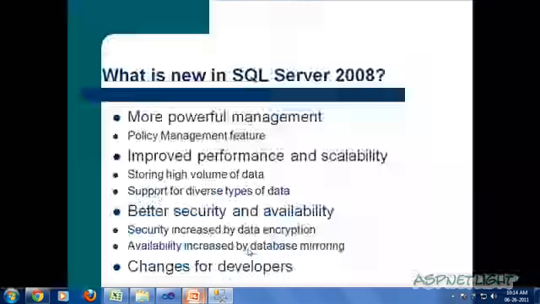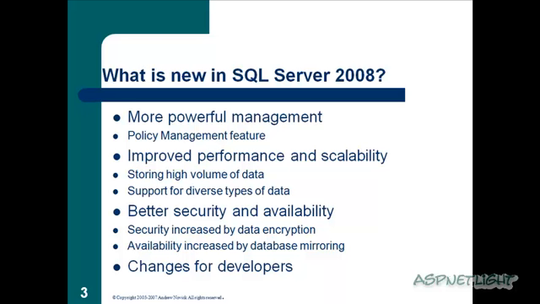And coming to the policy management feature, there is improved performance and scalability. In 2008, a lot of things have been added for improving the performance of a query, to analyze and identify the query, and find out where actually the problem exists in a query. Performance tuning and profiler usage are all improved in this version. You can also store a high volume of data in this version.